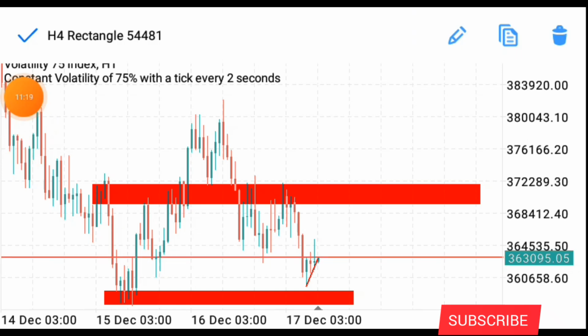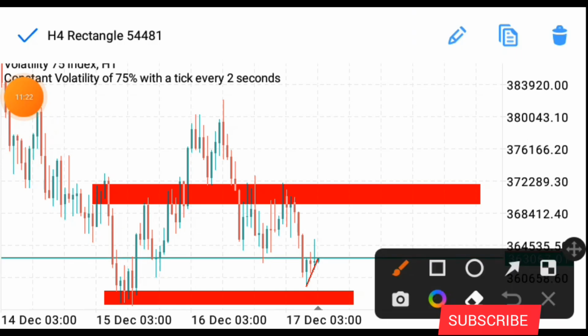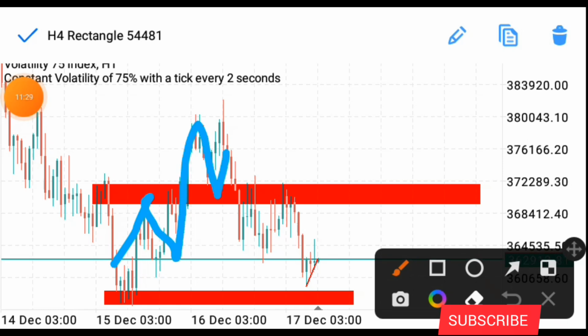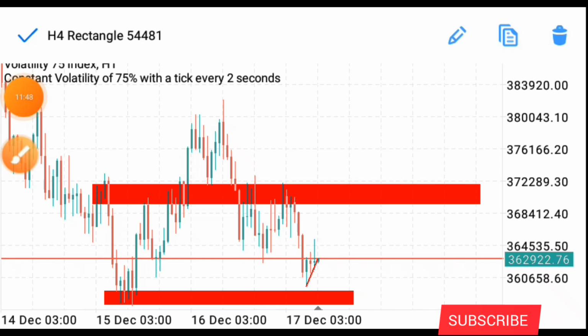You can see that price came here, retested, bounced back, came, broke through it, retested, bounced up, broke through it, bounced here, strong support and resistance zone. It bounced here and then price is bouncing back down now. So that is a good support and resistance zone.